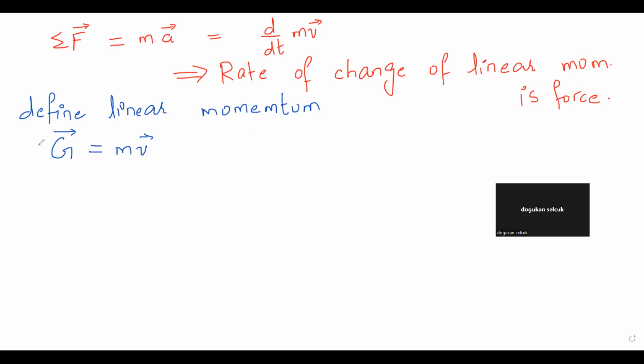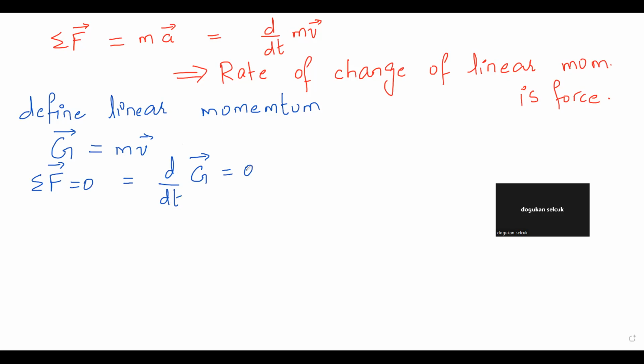And when I tell you that the summation of forces is equal to 0, what I am trying to imply is that d over dt of G is also 0, right? Of course. Change in G is 0. G dot. Very good. I will answer your question.